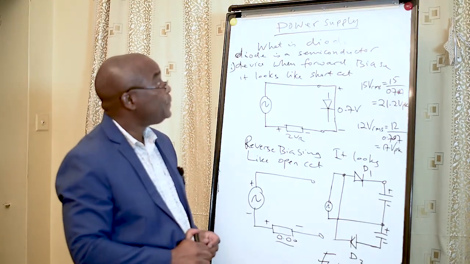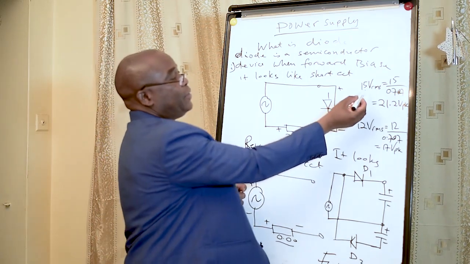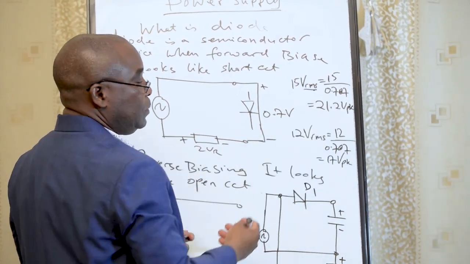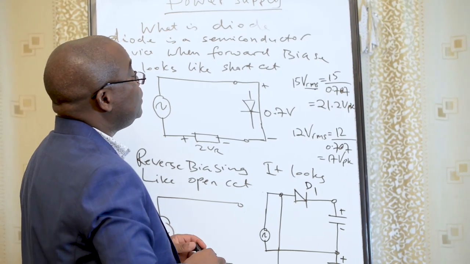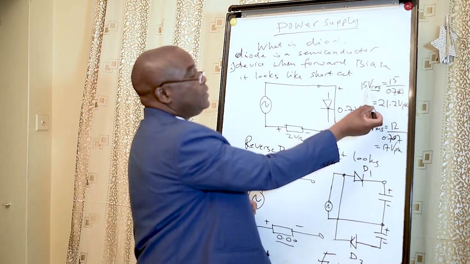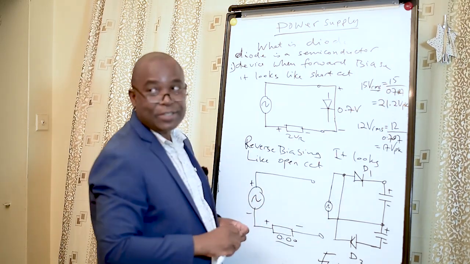In a power supply, we'll come across terms like root mean square values and peak values. The formula for peak voltage is to take the root mean square value and divide by 0.707.